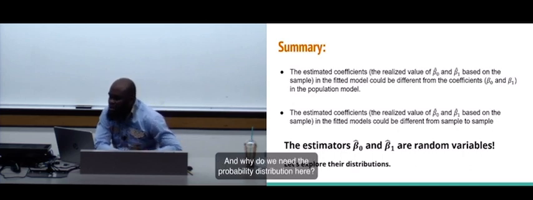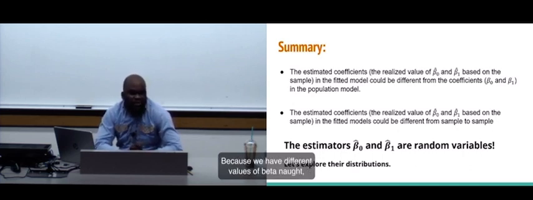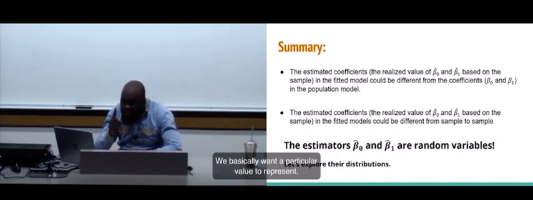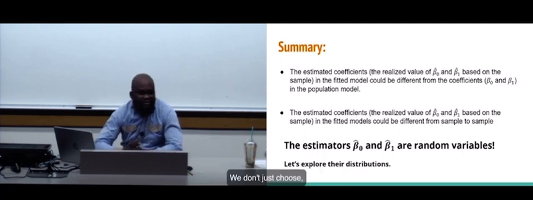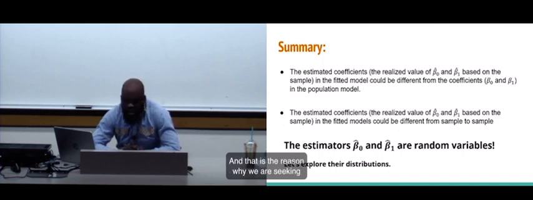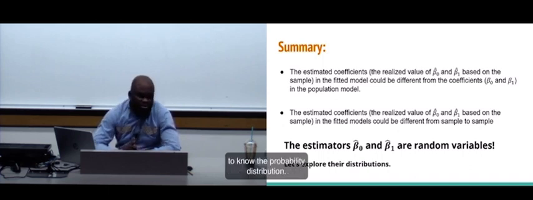Why do we need it here? Because we have different values of beta naught and beta 1, and we want a particular value to represent them. We don't just choose. We need to be statistically guided, and that is the reason we're seeking the probability distribution.